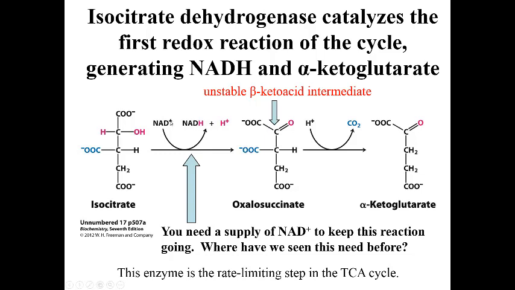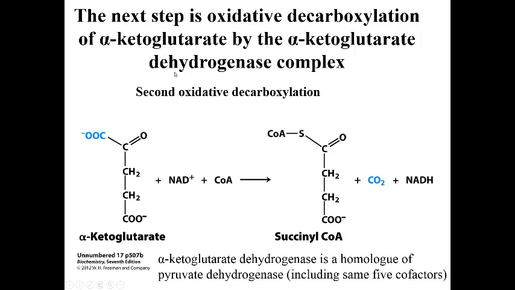If you don't have available NAD plus, then like the glyceraldehyde 3-phosphate dehydrogenase reaction, this isocitrate dehydrogenase reaction can't work. This enzyme is actually the rate limiting step in the TCA cycle.